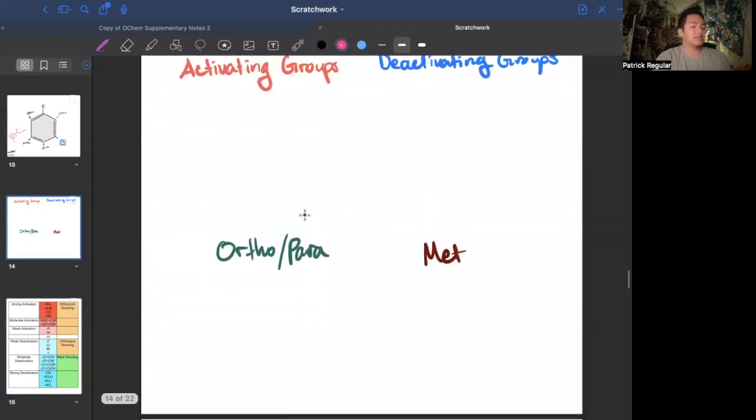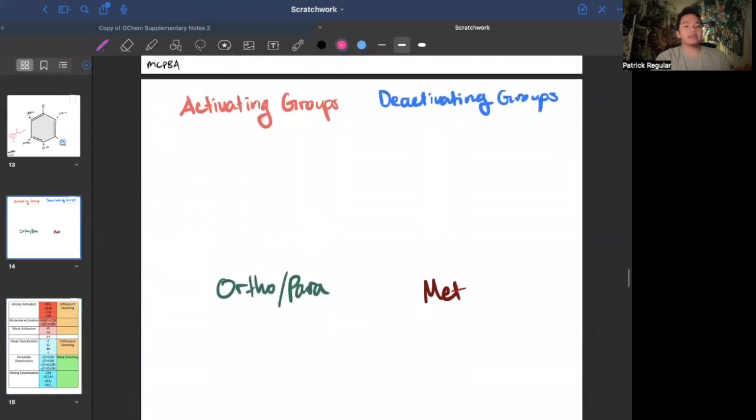Okay. So how should you go about knowing activating and deactivating groups? Well, activating groups are always electron donating. So if they're electron donating, then that E is trying to put electron density into the benzene ring.